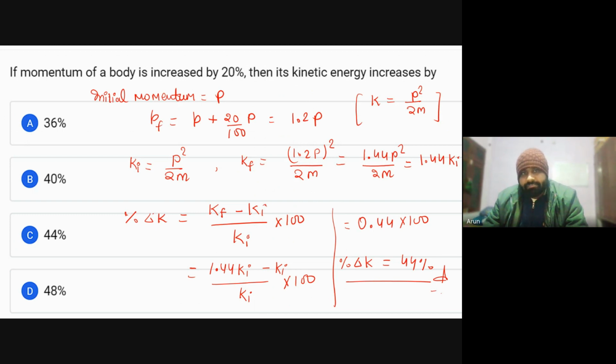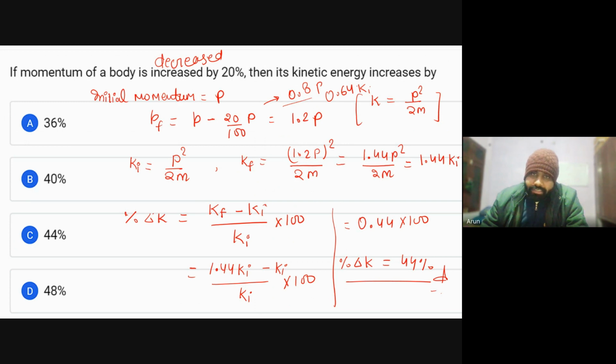Let's say if this is a decrease, so what are you going to do? If it is decreasing, or decreased by 20% instead of increased, what you are going to do? Simple, you just subtract it from the initial value. And then the final momentum will become 0.8 times P. If you square it, it will become 0.64 P square by 2m, which is kinetic energy initial.